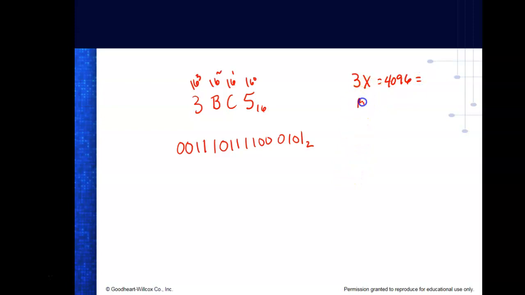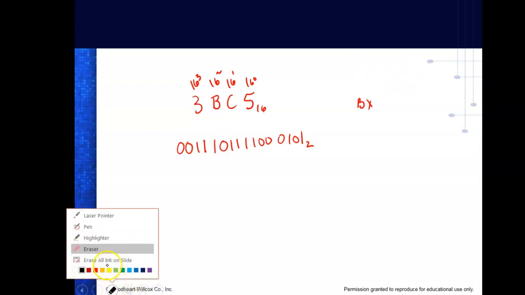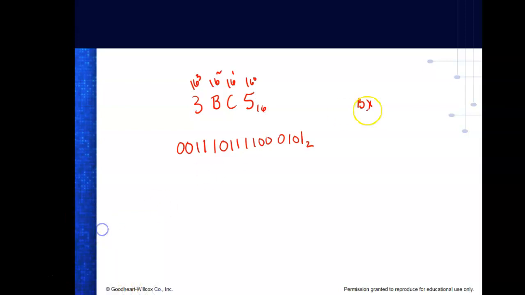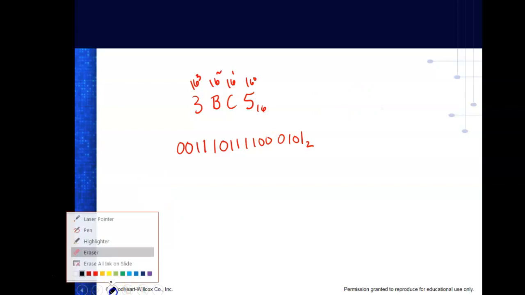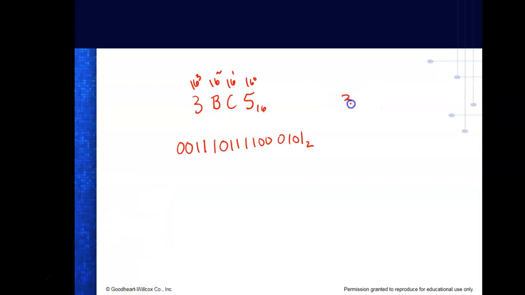Sorry, I got ahead of myself. Let me find my eraser. So here you would have to use a calculator, but this can be done. It'd be 3 times 4,096 equals.